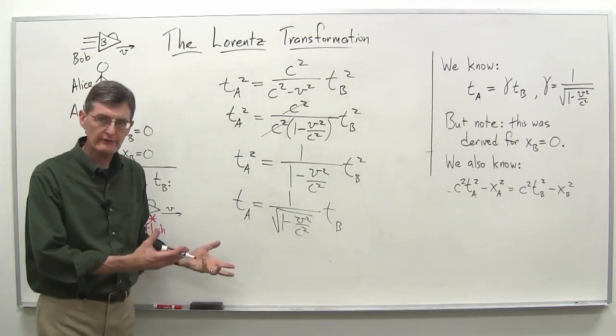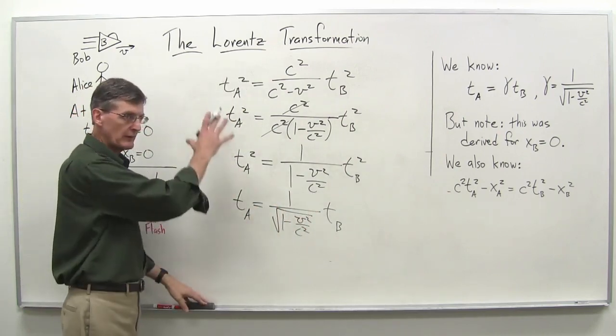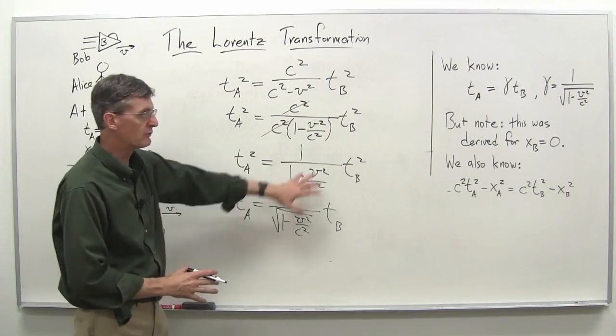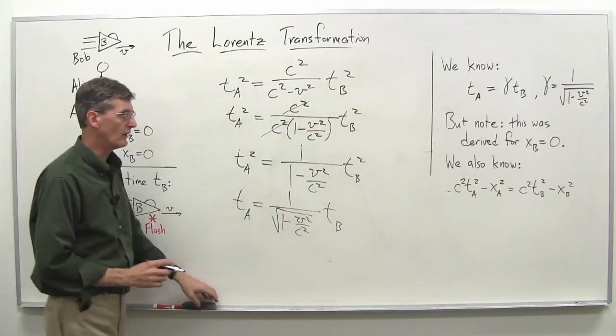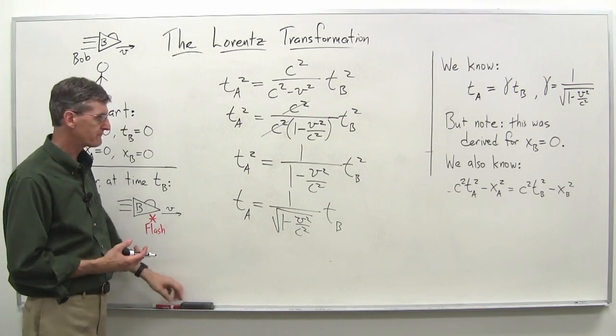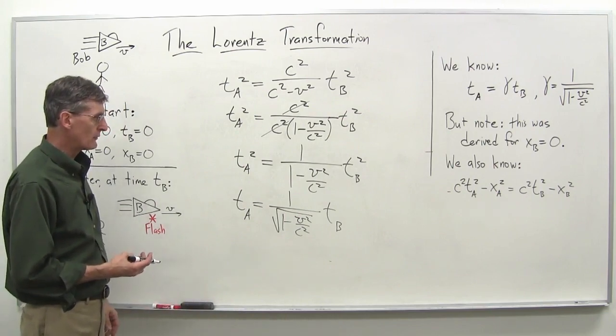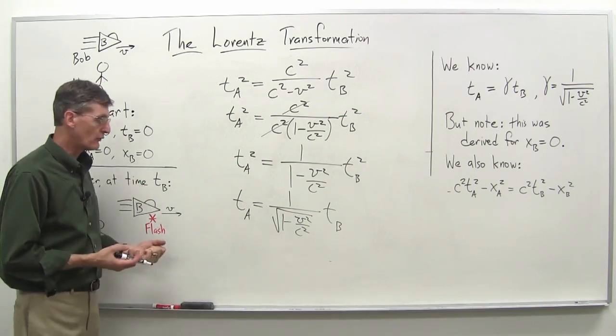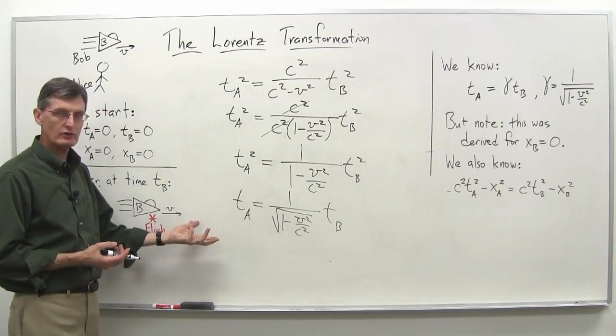That's good news, because if we didn't get that, we would have made a mistake someplace along the way, either here or perhaps in our earlier derivation of the time dilation equation using the light clock.